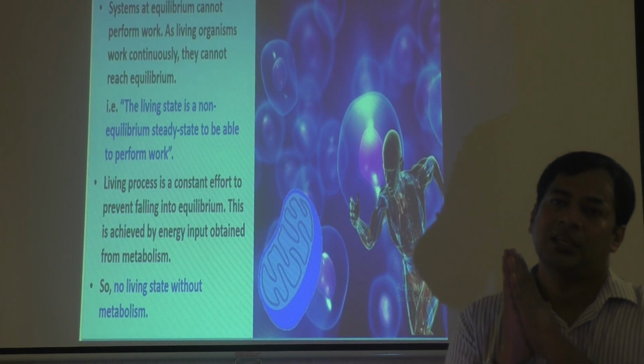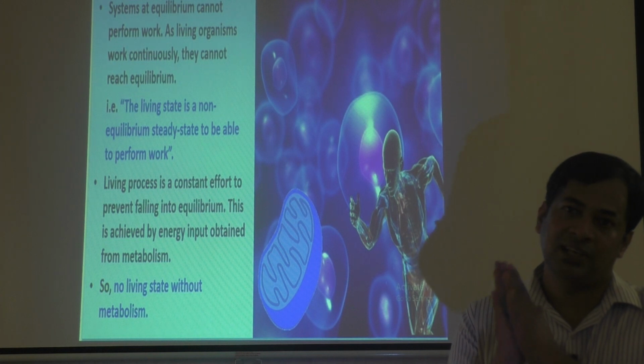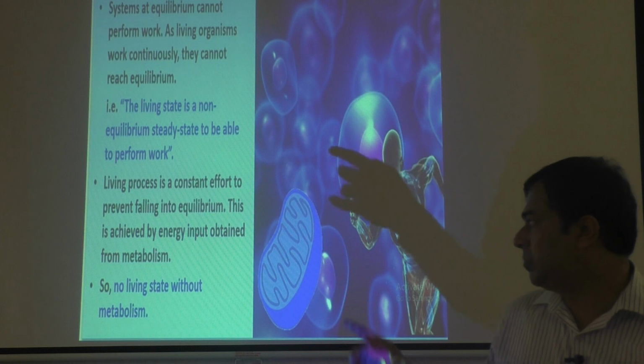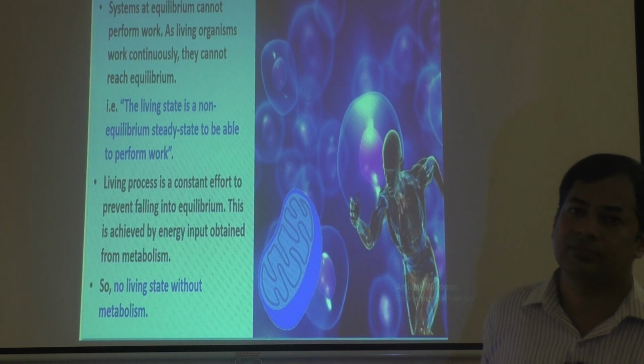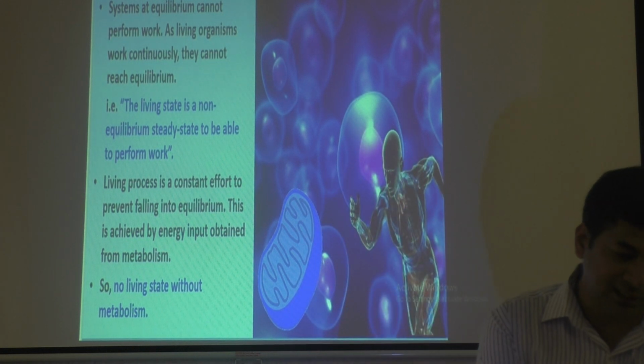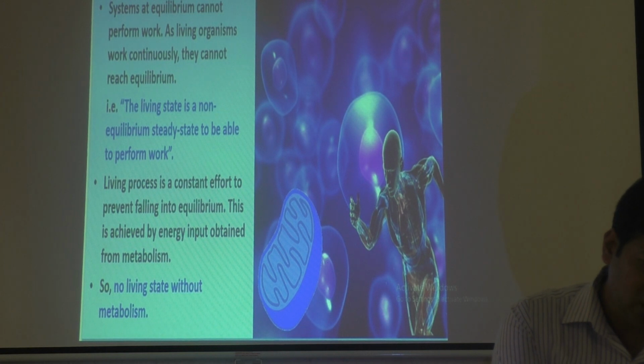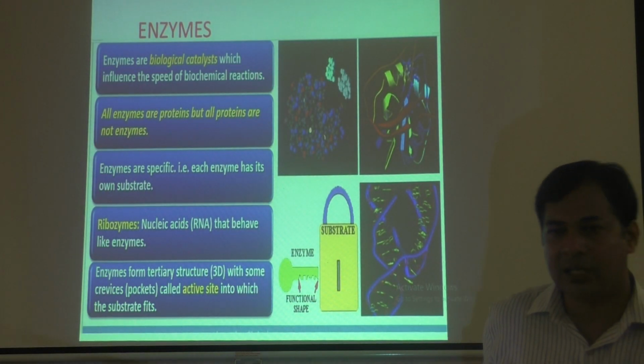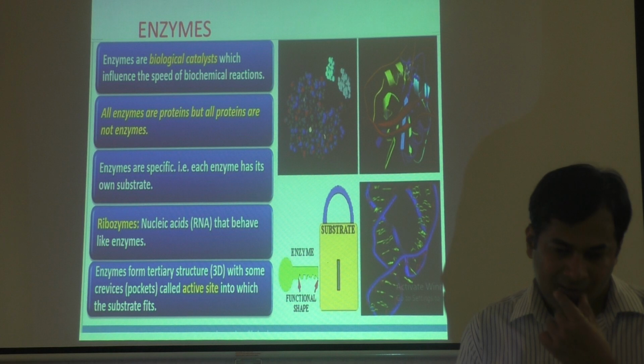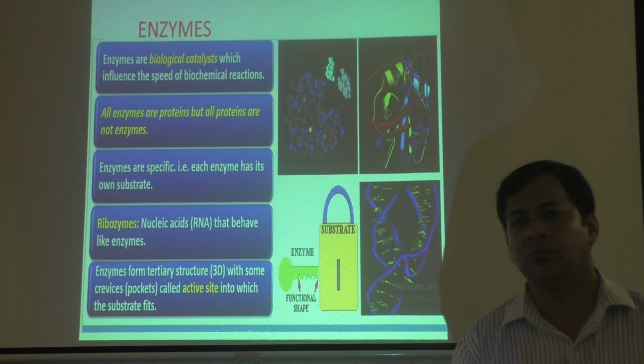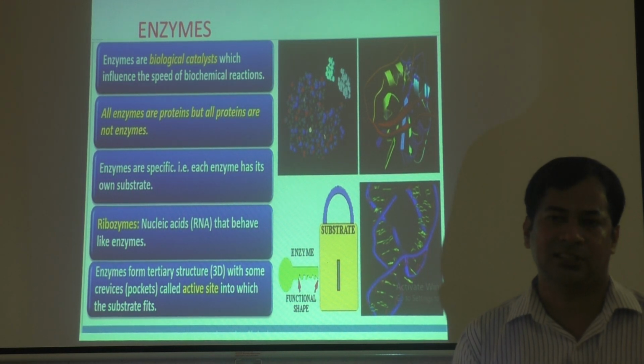If a person should live, if any living organism should have life, that means it should have metabolism. So metabolism is compulsory. There are no living organisms without metabolism. So with that, the concept of metabolism we finished.